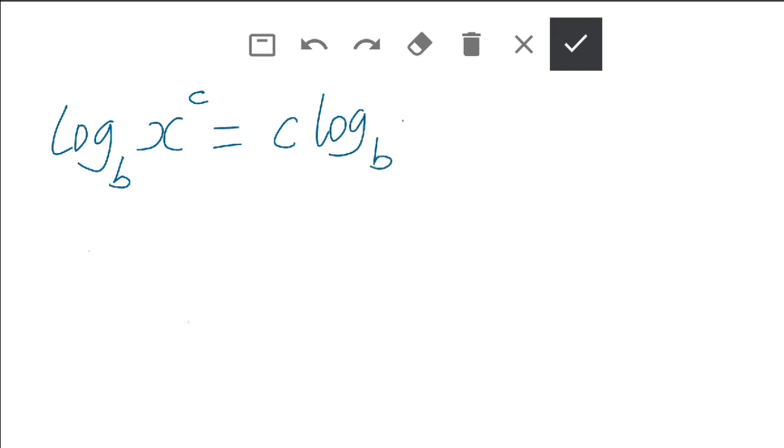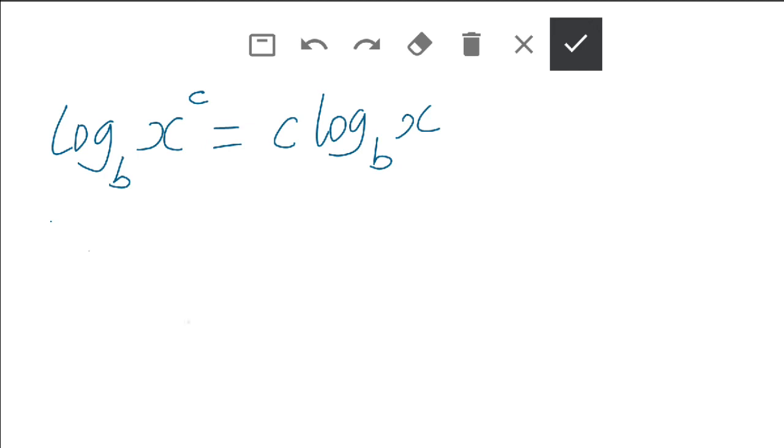When you write log to base b of x raised to power c, what this means, we have a power. This is the same as c log to base b of x.